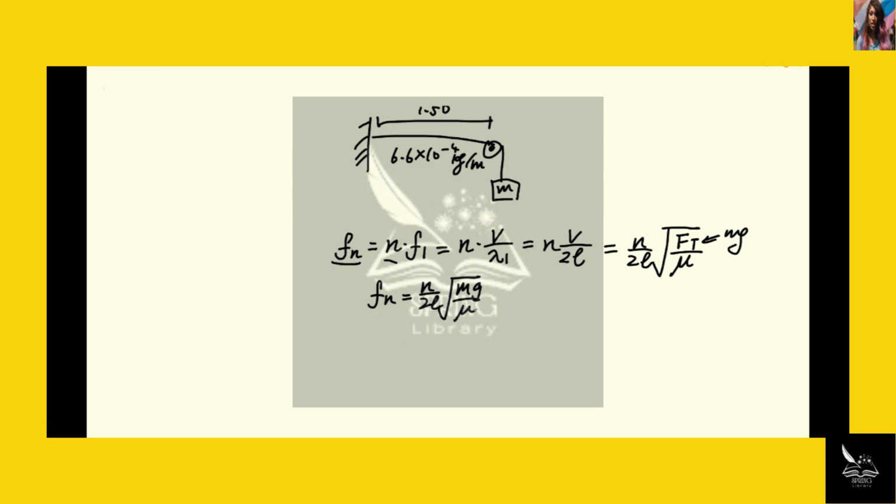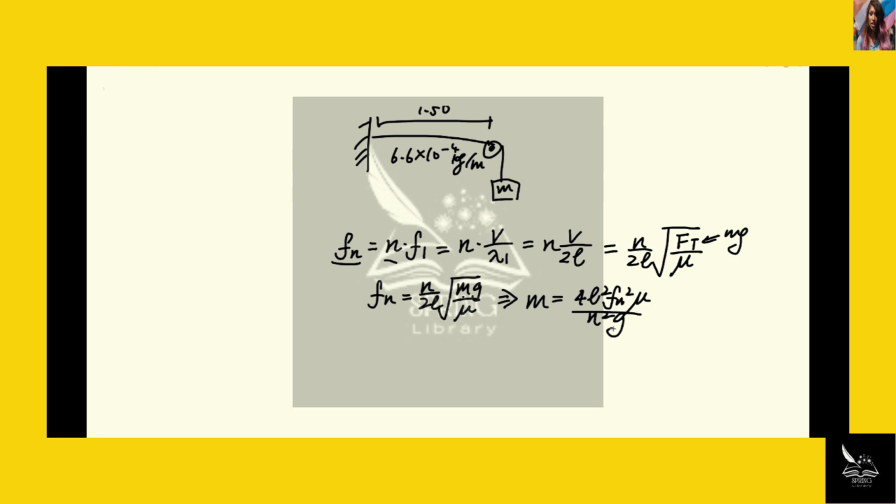So this is a formula we have, and we can see that we have everything we need except m. So we can rearrange this equation so that m equals 4 L squared Fn squared mu over n squared g.